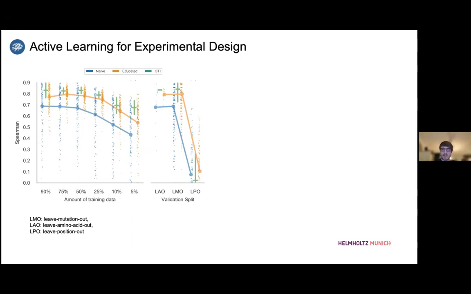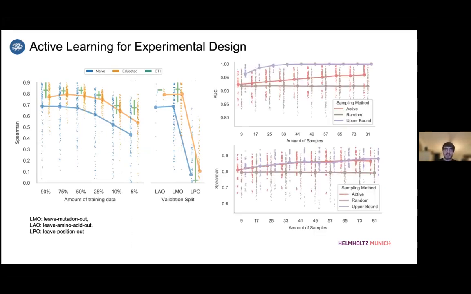To guide this, we then turned to active learning and used the random forest class probabilities to select essentially the next experimental point to verify. And what we can appreciate here is that with this active learning procedure, we can dramatically reduce the amount of experiments over random selections.